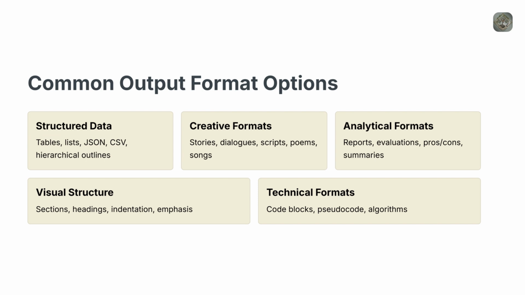Analytical formats include reports with executive summaries, evaluations using specific frameworks, comparative analyses with pros/cons, and annotated research summaries. You can also specify visual structure through sections, headings, and emphasis, or request technical formats like code blocks and algorithms. Each format optimizes information presentation for specific purposes.